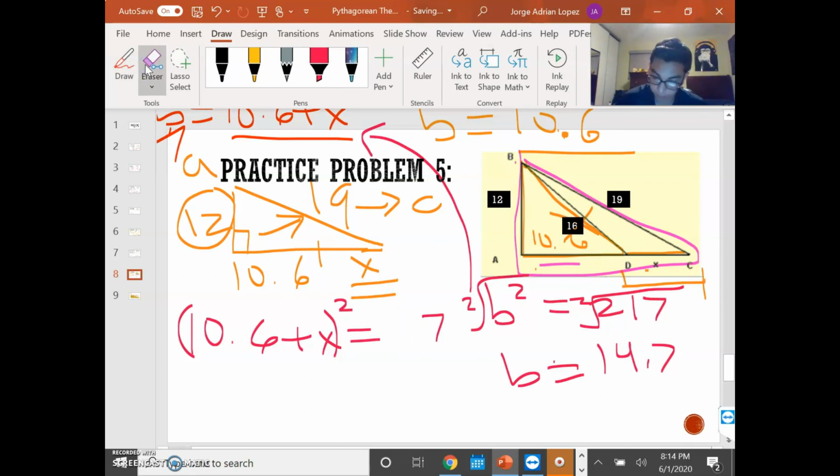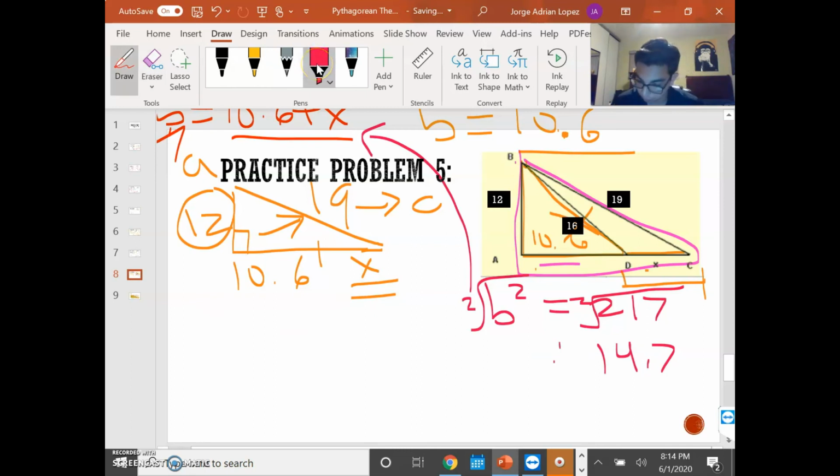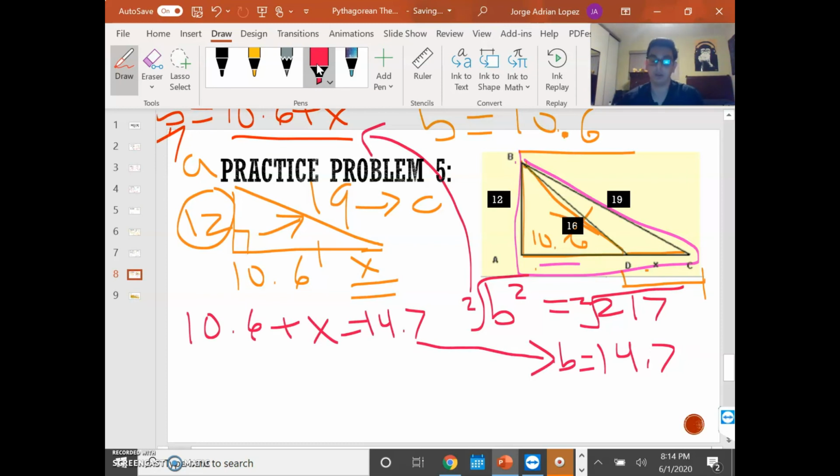So, pretend I didn't do this yet. So b is equal to 14.7. Now we're going to substitute our b for 10.6. So 10.6 plus x is equal to 14.7. Alright? Just so you have a reference for what I did.